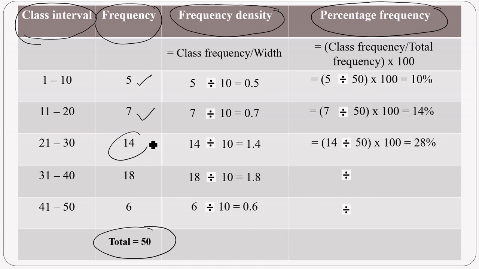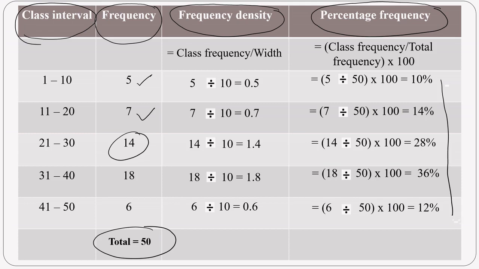Third one is 14. 14 divided by 50 into 100, 28. 18 divided by 50 into 100, 36. 6 divided by 50 into 100, 12. So if you make the calculation of the percentage, this total will be 100. So this is how we calculate the frequency density and percentage frequency. I hope this simple example is clear to understand.